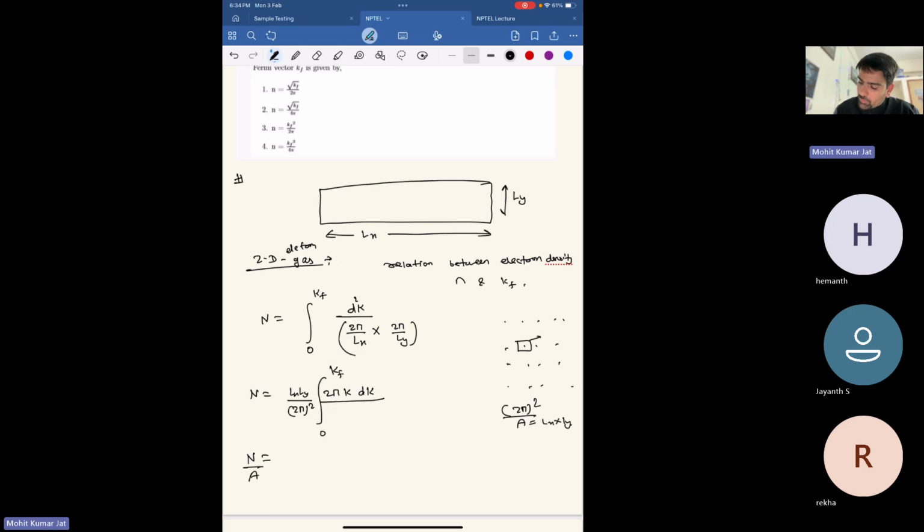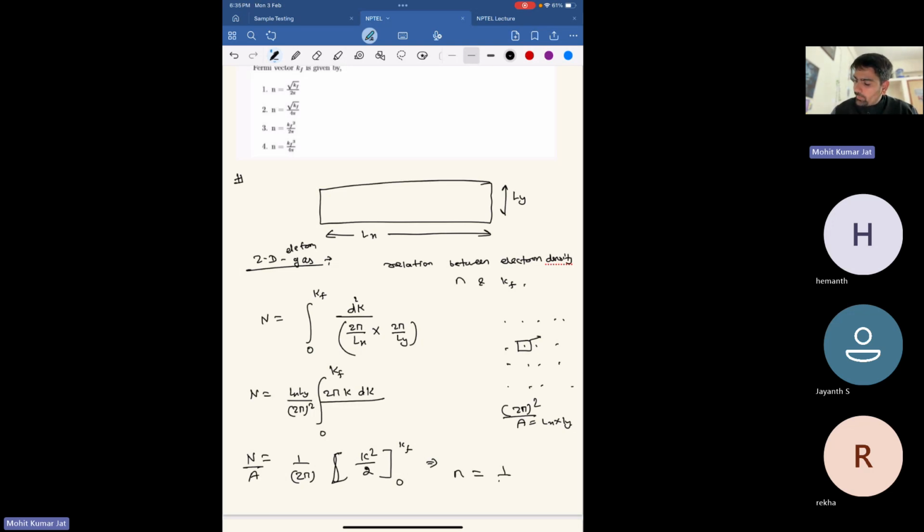So N by A is 1 by 2 pi squared, and the 2 pi gets cancelled out. So it's k dk. I do the integral, it's k squared by 2, from 0 to kF, and N by A is nothing but the carrier density.